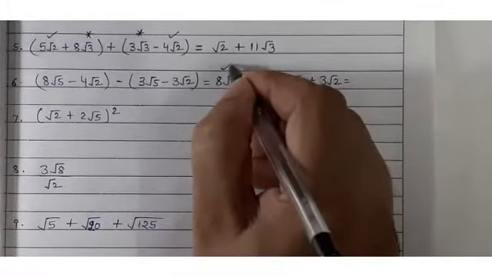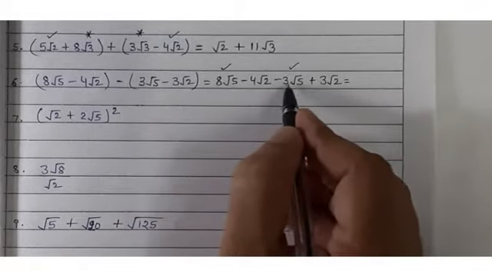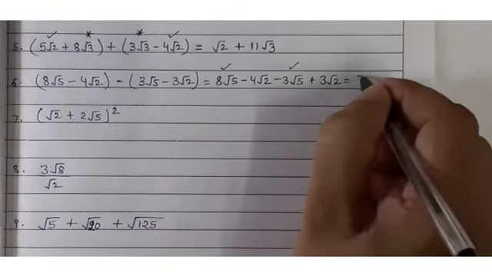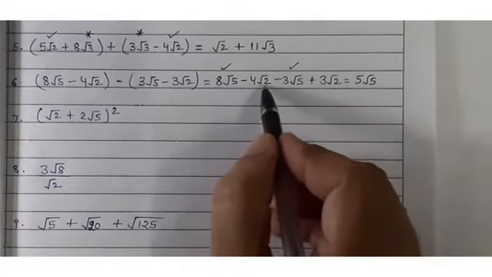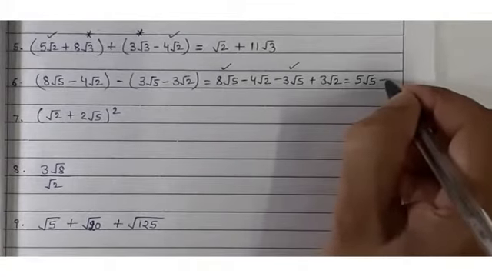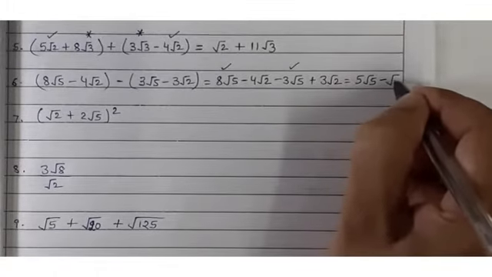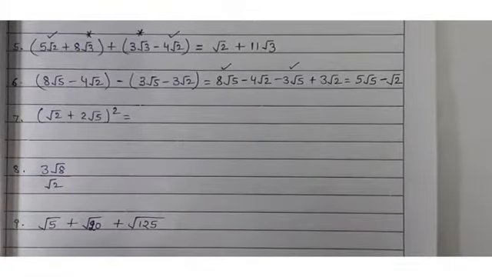Again what I said earlier, like terms. 8 root 5 minus 3 root 5. This will be your 5 root 5. Now here minus 4 root 2 and plus 3 root 2. This will be minus 1 root 2 or you can write minus root 2. Come on. The next question.